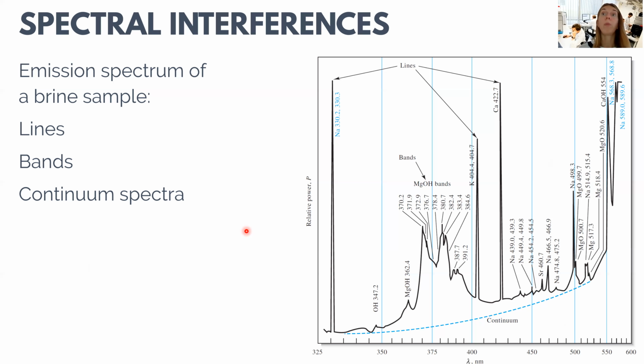So, for example, the flame. And these other sources of light that are emitting in addition to our analyte and that can't be separated also have to be taken into account. And the less they are, the better, of course.